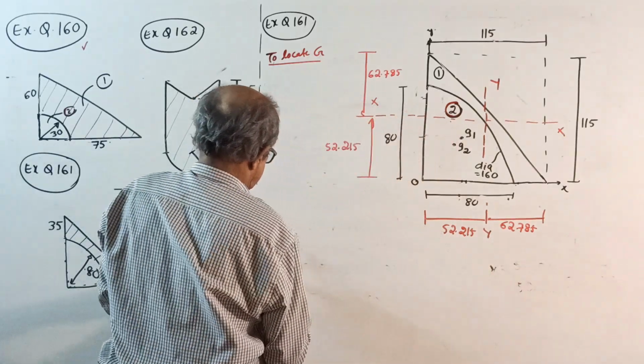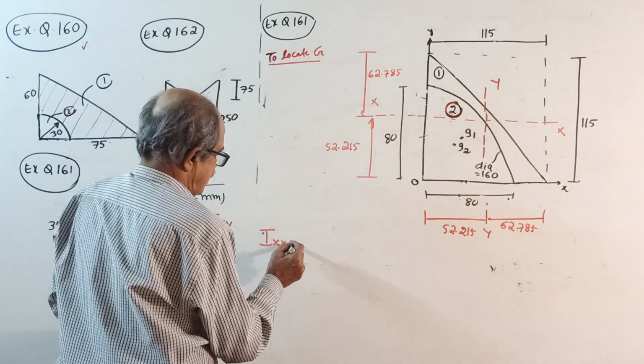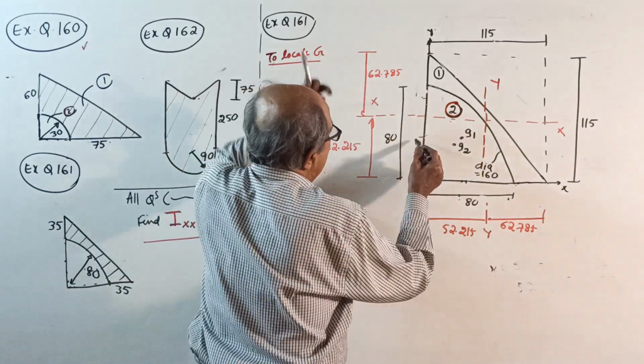Okay. Now moment of inertia. Right. IXX. Start. First for the triangle about its own axis.